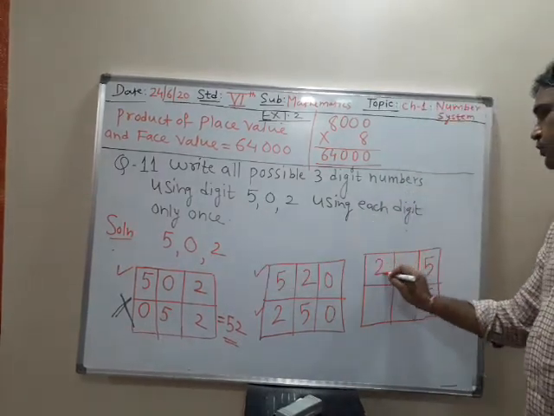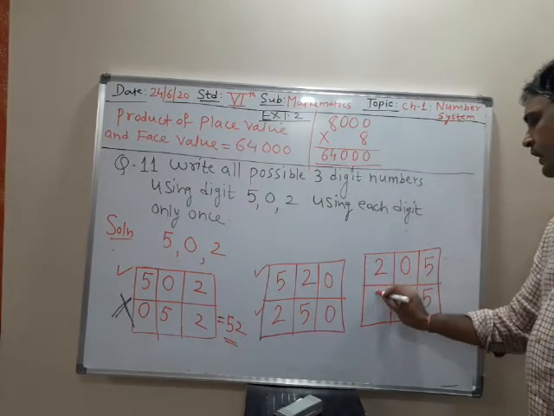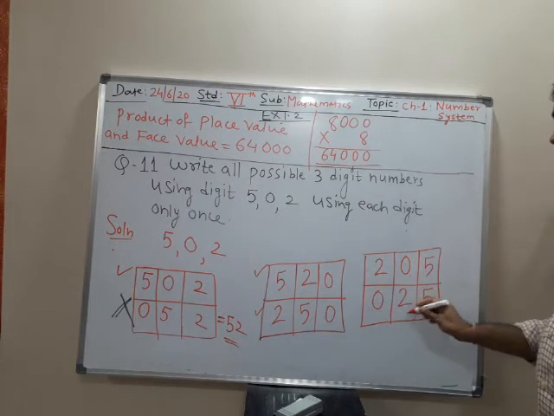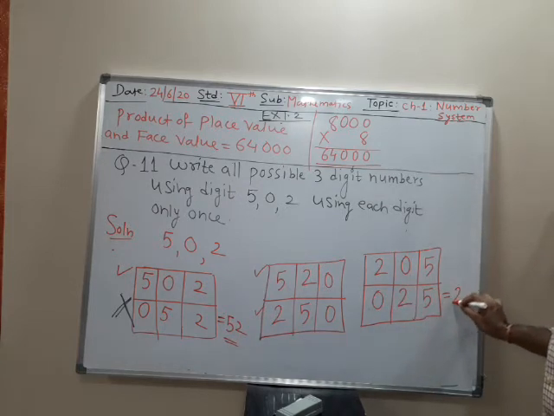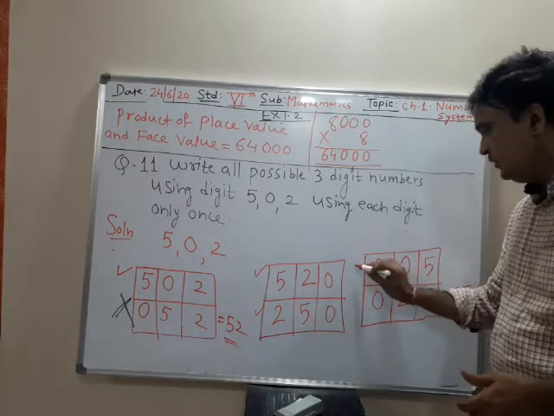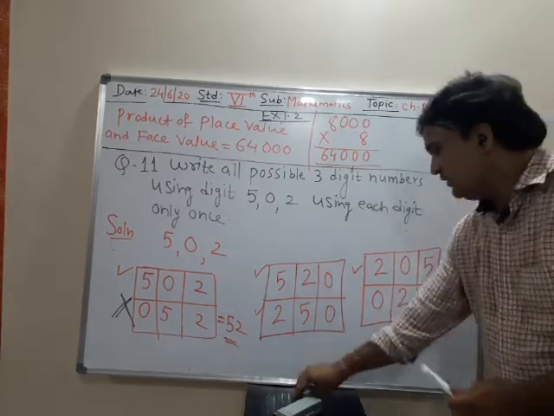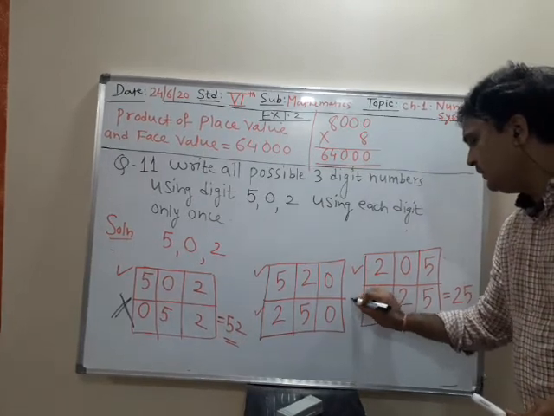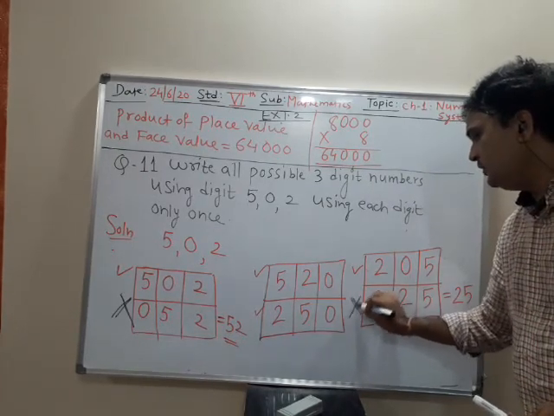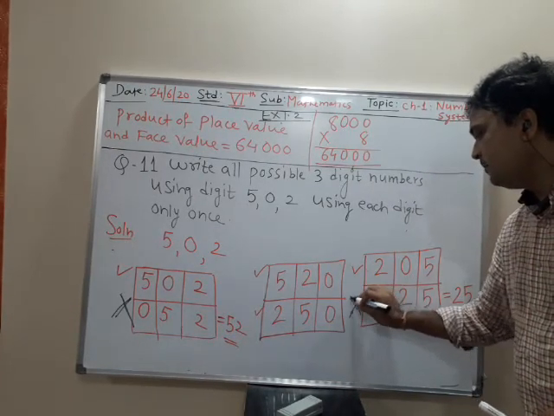So I will write 205 and 025. But 025 is the same as 25. This is a 2-digit number. So this I will cancel.